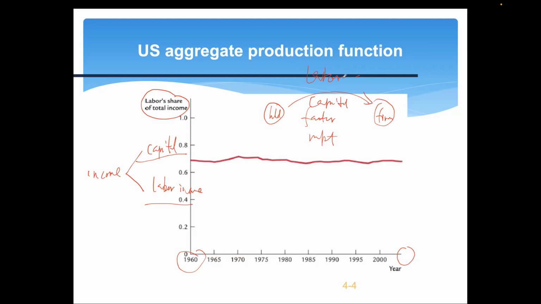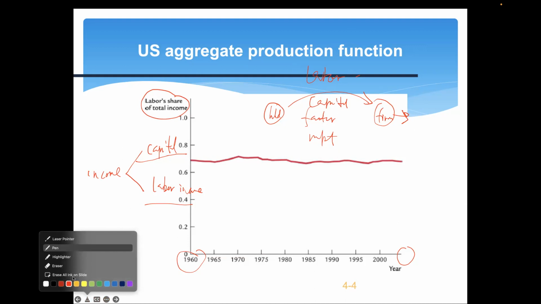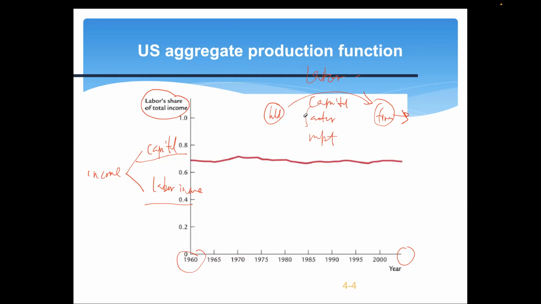The firm uses the capital and labor to produce, to make profit or just make income. But remember, this is a competitive market. So all the income will eventually return to the owners of those resources. This is the factor market, right? We understand that.